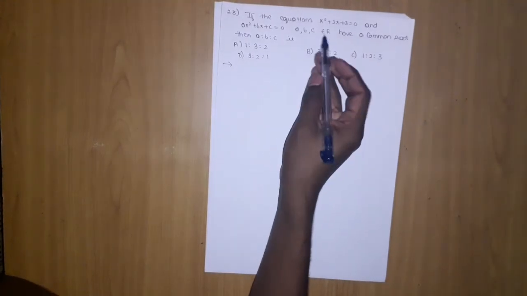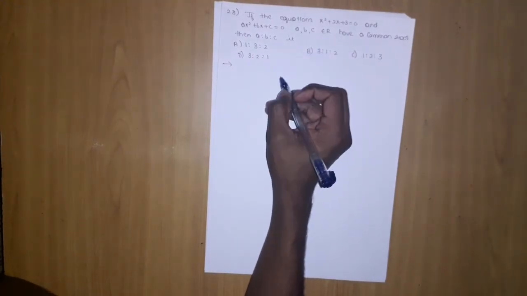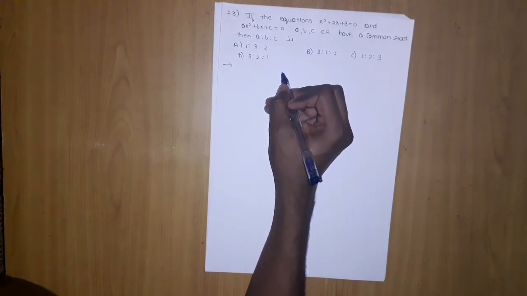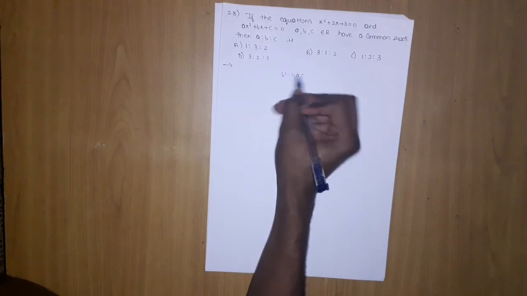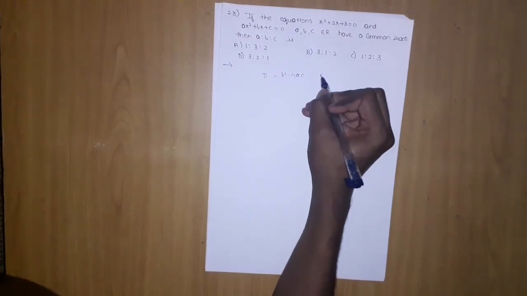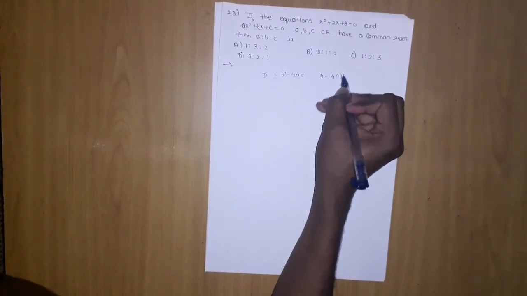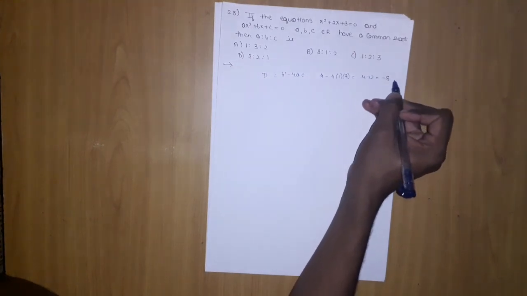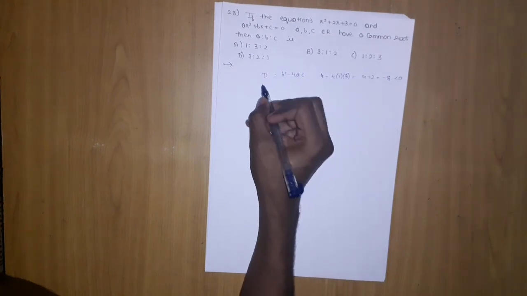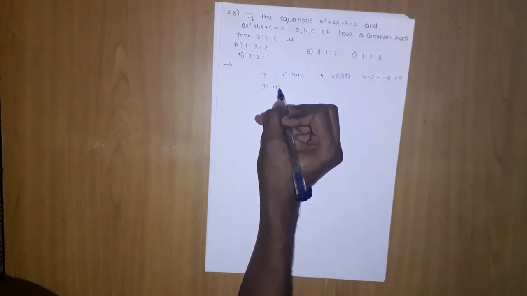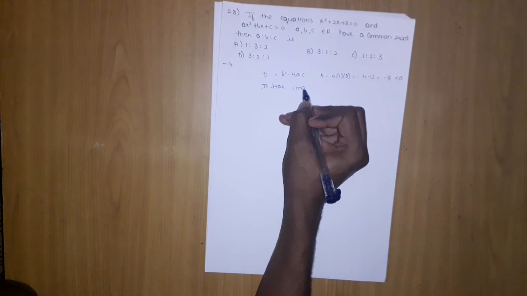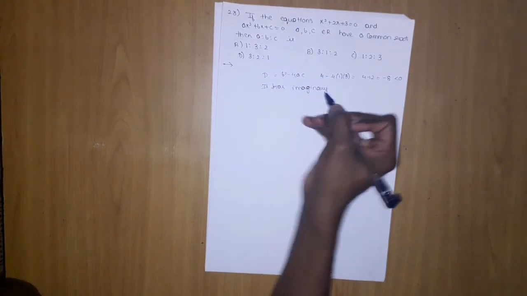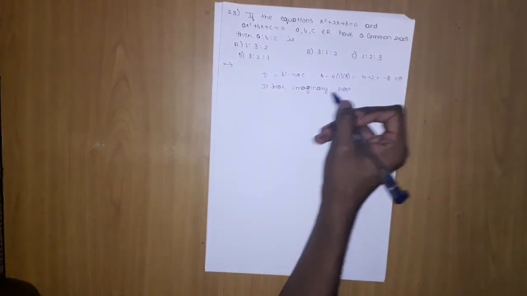Let's check the nature of its roots. Although it is told it has one common root, b square minus 4ac will be its D, and it will be 4 minus 4 into 1 into 3. It will be 4 minus 12, which is minus 8, which is less than 0. So it has imaginary roots.